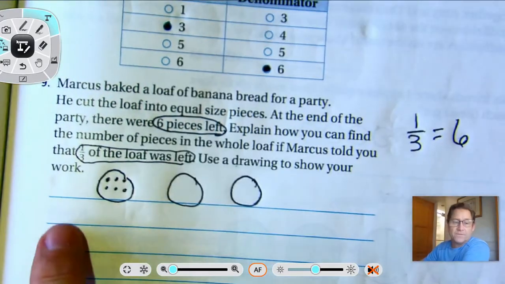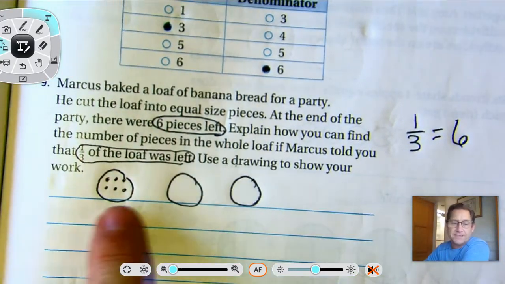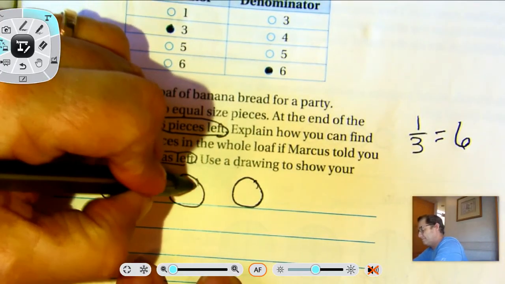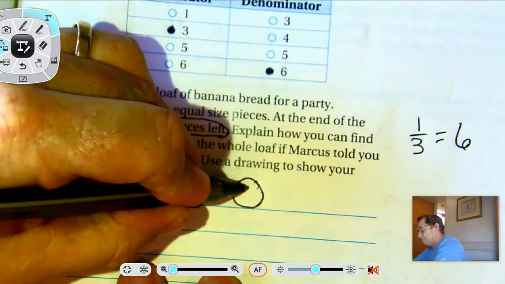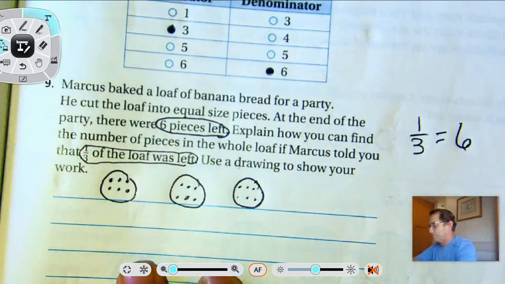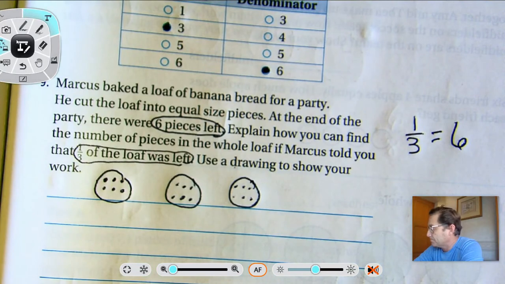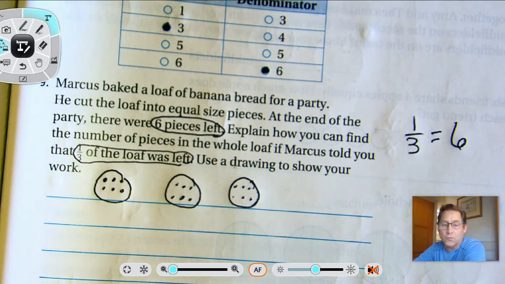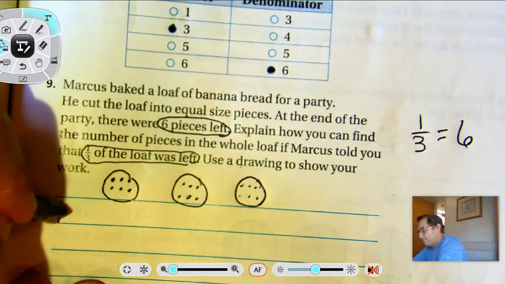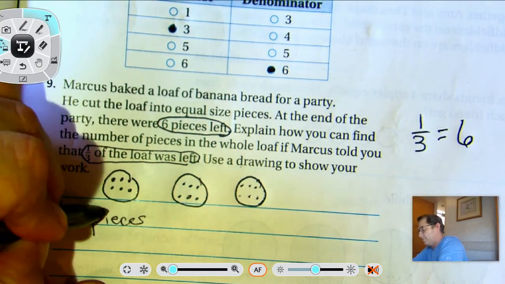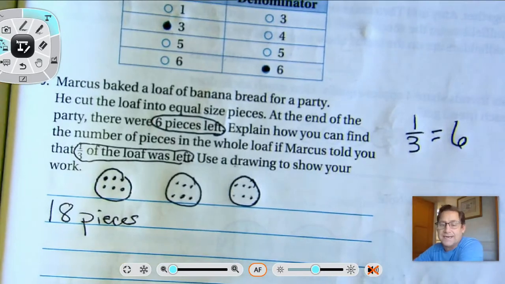Okay, so if these are all equal groups, if this is 6, then the rest are also 6. Okay, so how many pieces were in the whole loaf? 18 pieces. 6 plus 6 is 12, plus 6 more is 18.